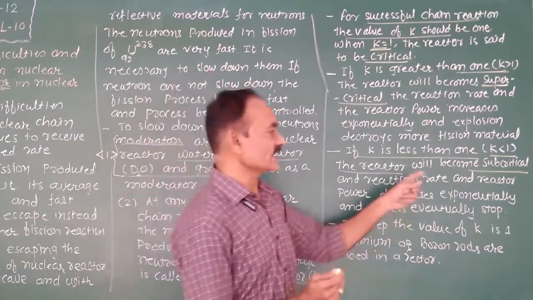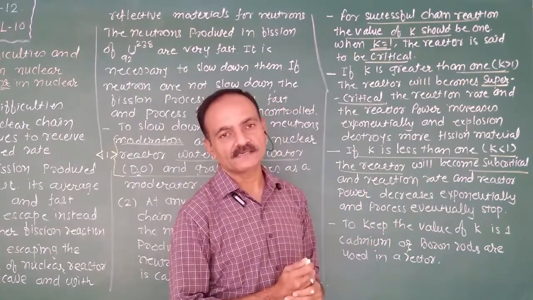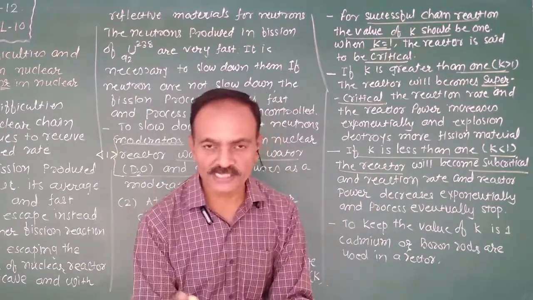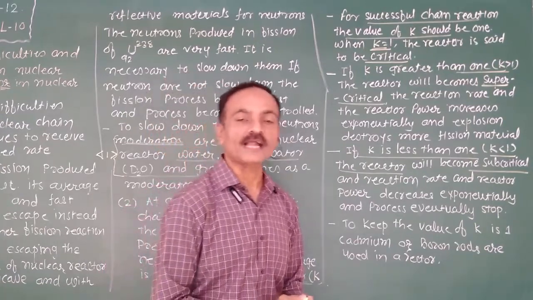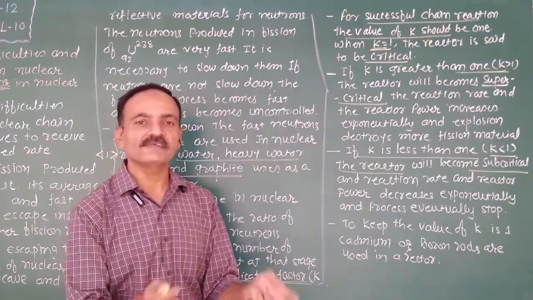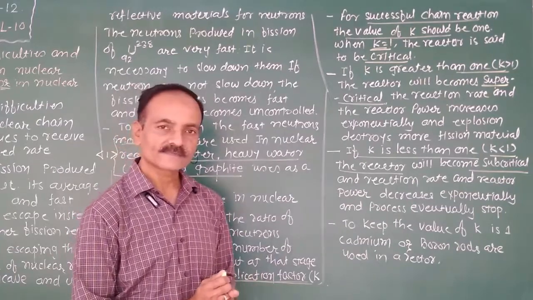So the reaction rate and reactor power decrease exponentially, and at last the process stops. So we can't obtain energy at a constant rate.